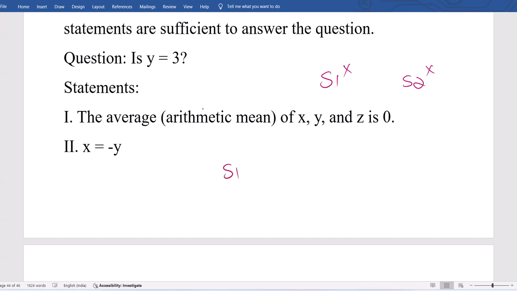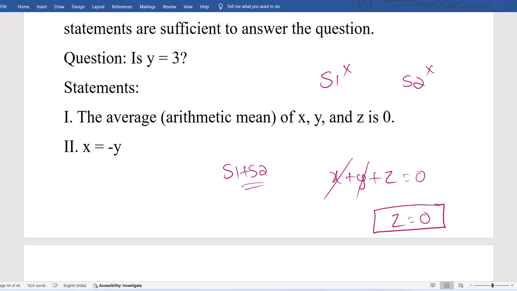If you go for together, as per this, average is 0 means summation also 0. X equal to minus 5 means both will cancel. Z equal to 0. But I cannot decide regarding y value. Y can be 5, x value minus 5. Y can be 3, x value minus 3. There are many possibilities x and y can be taken.